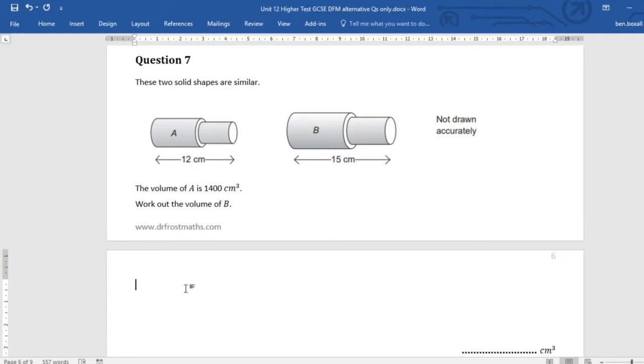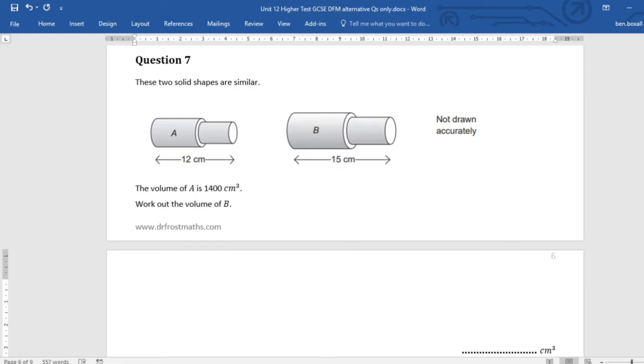Okay, right. These 2 solid shapes are similar. So they're sort of composite cylinders each one. The volume of A is 1,400 centimeters cubed. Work out the volume of B. I've got two corresponding lengths, so I can get a scale factor.